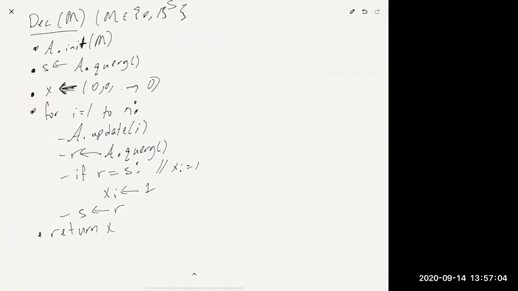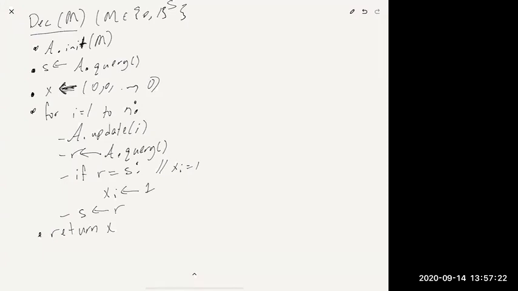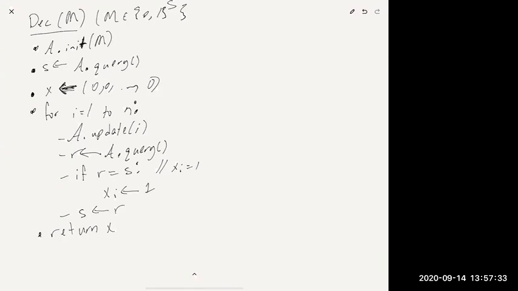Sorry, Joel. Yes? Just real quick. If r is equal to s, you set xi to 1, but that's because you know that in the original xi it's equal to 1, right? Right. X is the thing the decoder doesn't know. The decoder is trying to figure out what x is. Initially, he sets all the entries of x to 0, and then one by one he tries to figure out whether that index was actually a 1. I just mean the xi.